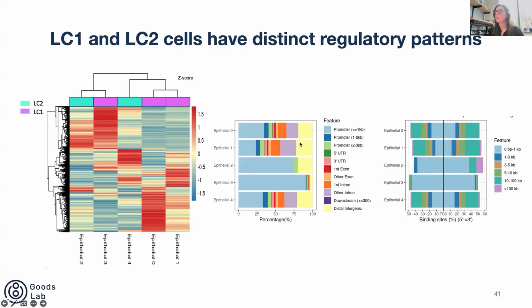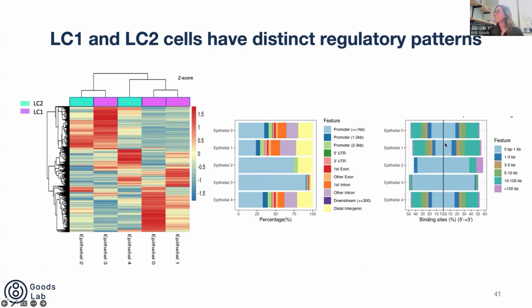And what's really interesting here is that in this data set, our 2 and our 4 are mostly LC2-like, and then our 3, 0, and 1 are LC1-like. And our 4, our 1, and our 0 appear to be very similar to each other. But our 2 and our 3 look to be different and really mostly fall in promoter regions.